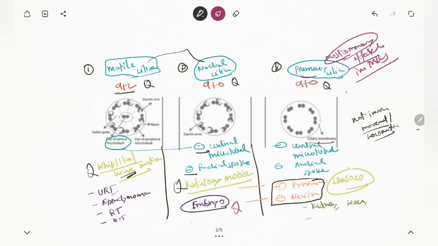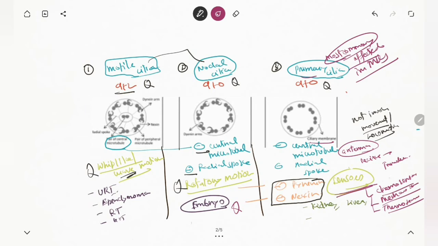Its function is basically as an antenna. It just functions like an antenna which receives the signal and transduces the signal. Its main function is sensory. It can sense chemicals, known as chemosensory, or pressure, called mechanosensory, or temperature, called thermosensory.